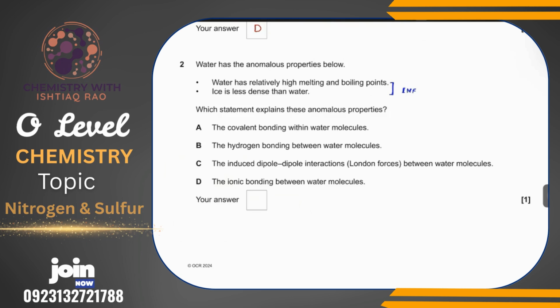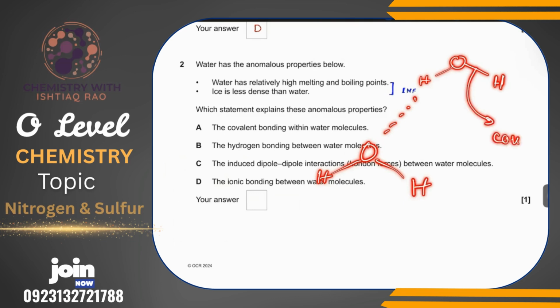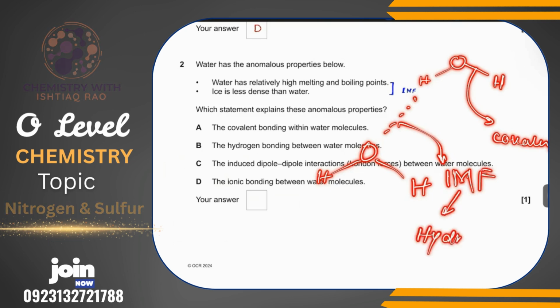So in option A, they are talking about the covalent bonding. No, it's not about the covalent bond. Because if you remember, when we drew the diagram of the water molecule, this is the covalent bond and this is IMF. Specifically, this is called hydrogen bond, of course.